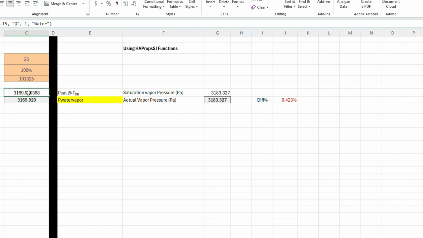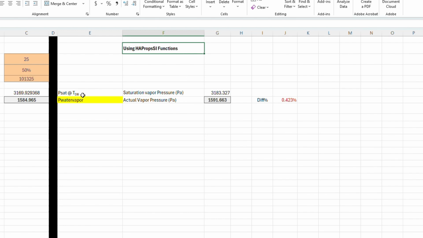Now, if you have the saturation pressure, the actual vapor pressure is just relative humidity times that value. Okay, so just this two. So if I have 50% humidity, it'll be half the saturation pressure. Okay, you could do the saturation pressure calculation using the HAPropsSI function too, which I've shown on the right side.